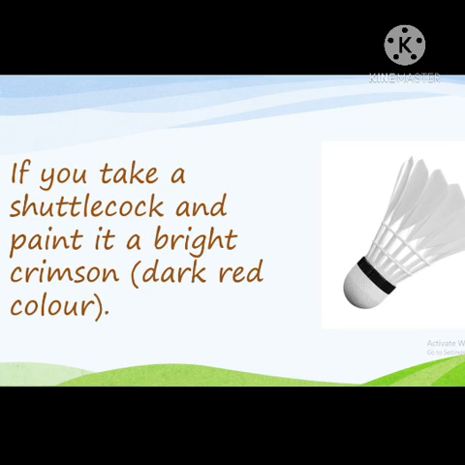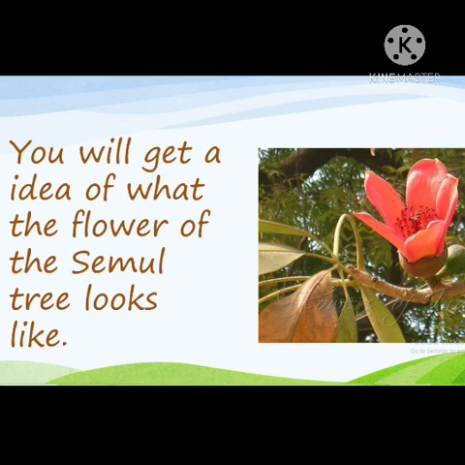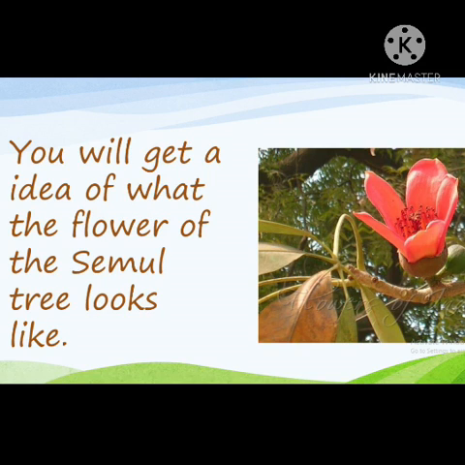So, if you take a shuttlecock and paint it a bright crimson, crimson means a dark red color, then you will get an idea of what the flower of the simul tree looks like. You can see in the image as well, it looks like a shuttlecock and it is colored bright red. So this color is known as crimson color.